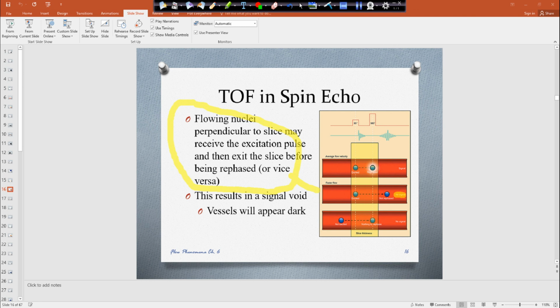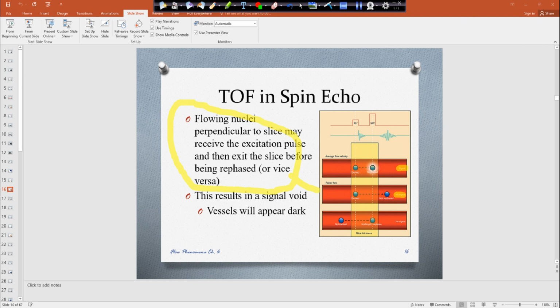If it receives both, say it's really slow moving blood, like venous blood flow, in this case it received the excitation pulse, but it was so slow it didn't leave the slice before it received the refocusing pulse, so it actually creates signal.